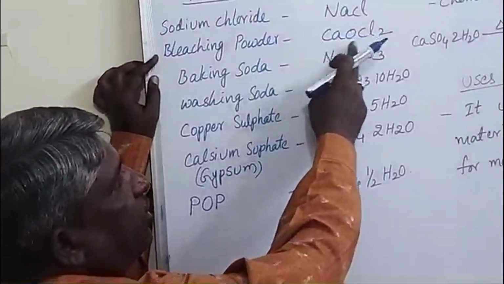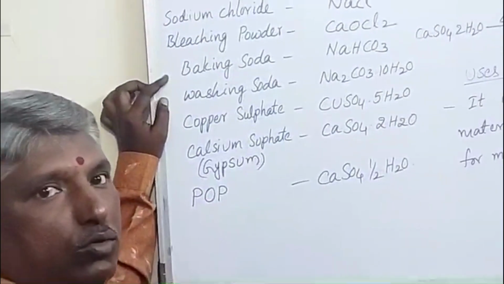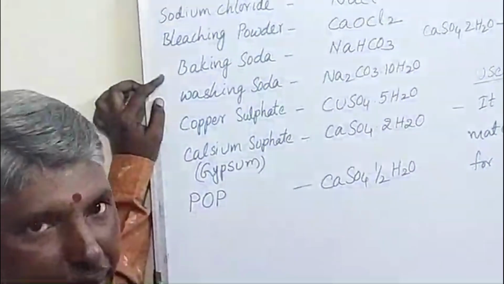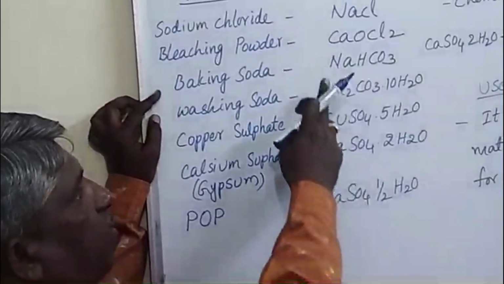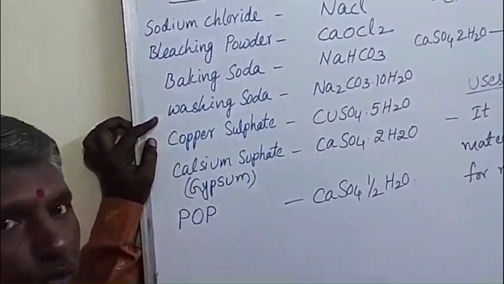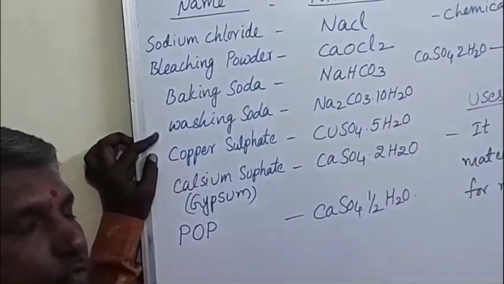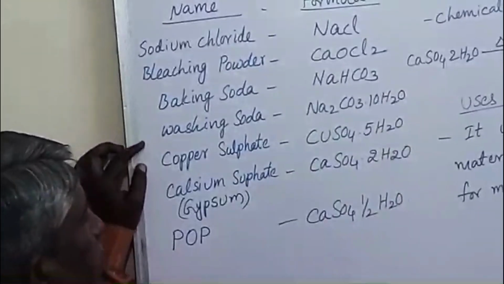Its formula is CaOCl2. Baking soda: sodium bicarbonate or sodium hydrogen carbonate. Its formula is NaHCO3. Washing soda: sodium carbonate. Chemical formula is Na2CO3·10H2O.